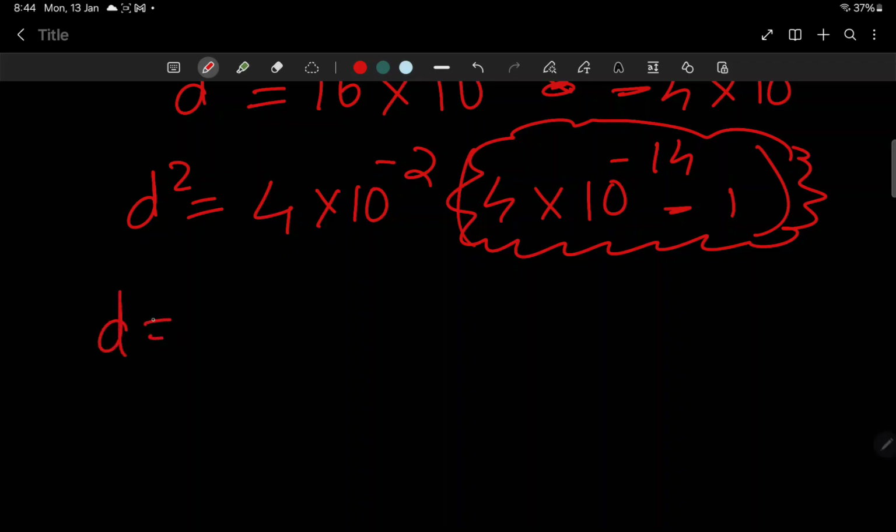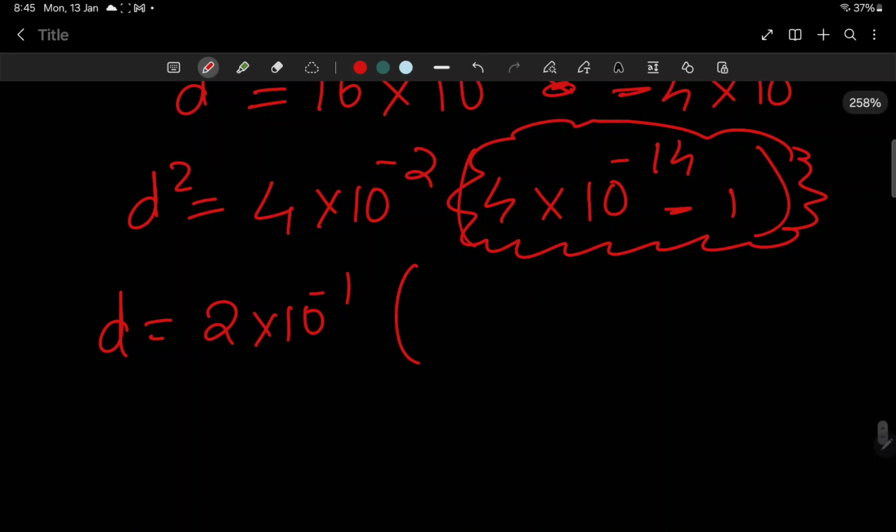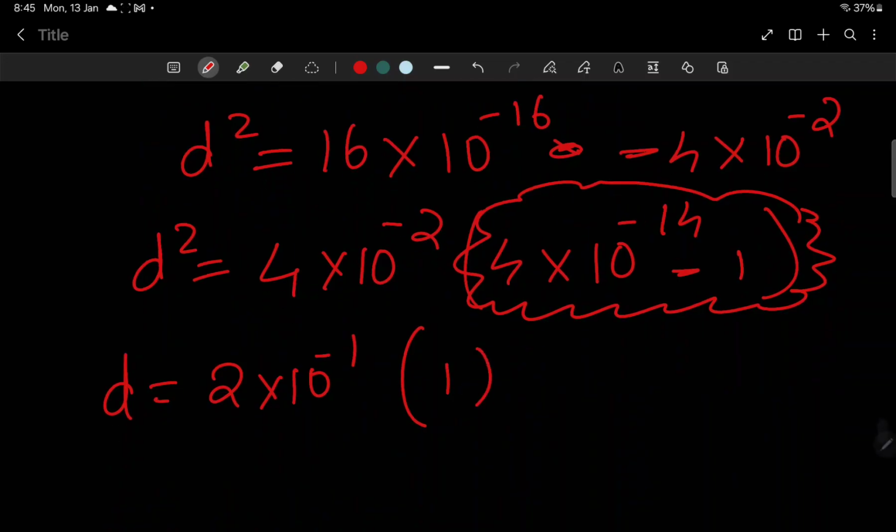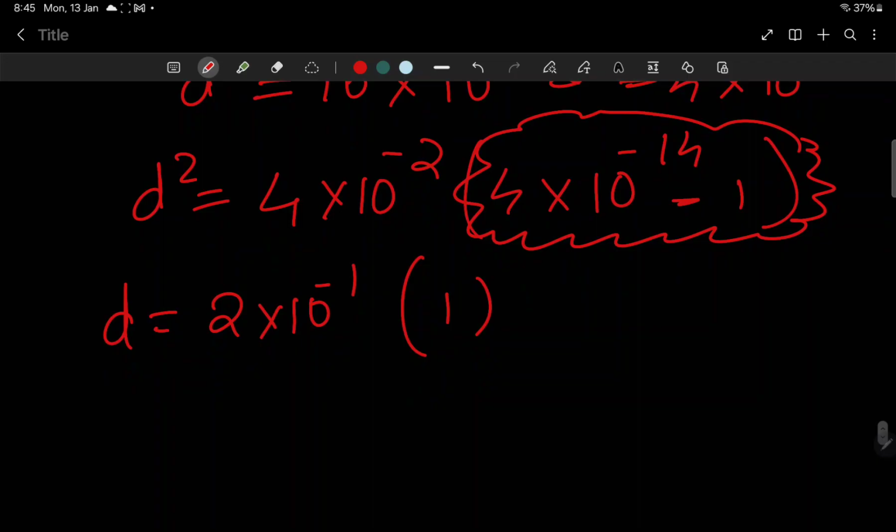That is, this thing is 4, that is 2 into 10 raised to minus 1. This thing is like 0.0000004 minus 1. Take it as 1 itself. Okay. 1 second.